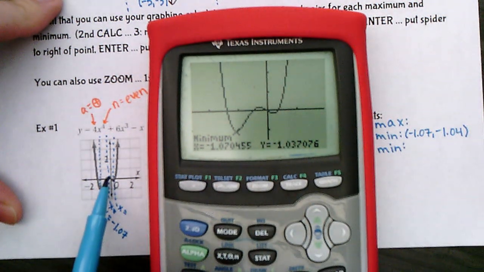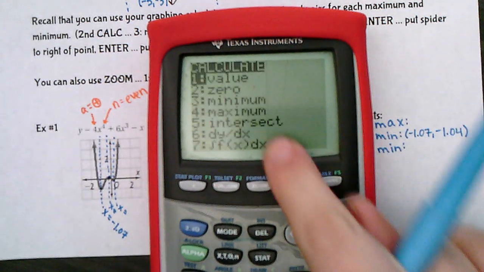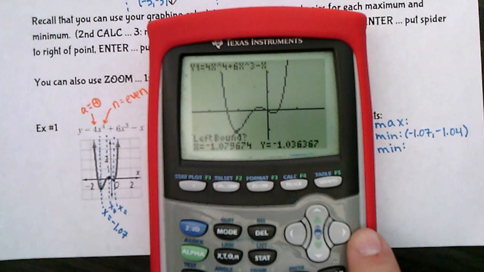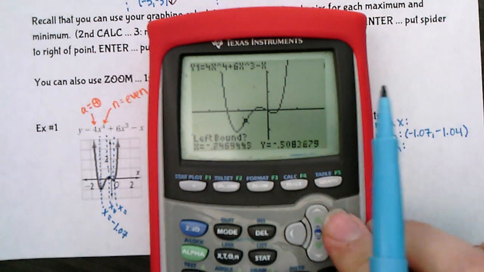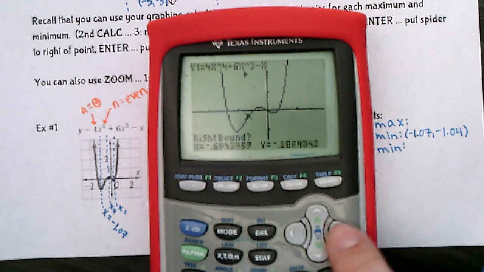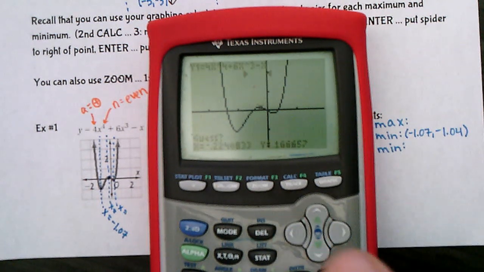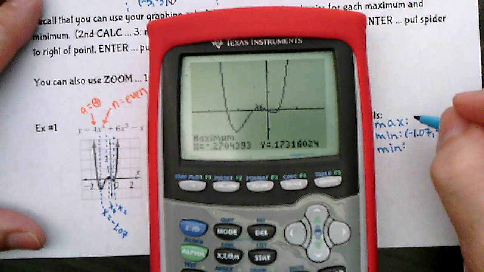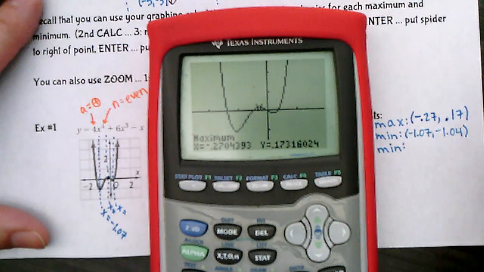This one is a maximum right here. So second calc, find a maximum, which is 4. And I need to be on the left-hand side of there, which I am now. Hit enter, and then go to the right-hand side of there. Hit enter, and then go to there and hit enter. So that maximum would be at negative 0.27 and then 0.17.